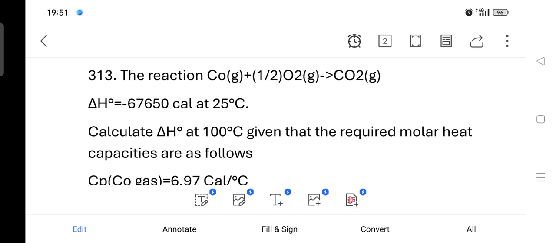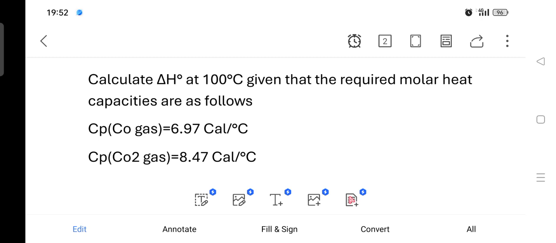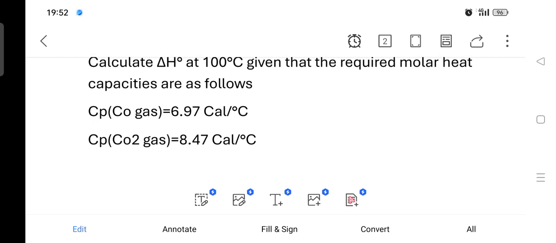The reaction CO gas plus 1 by 2 O2 gas gives CO2 gas. Delta H degree is equal to minus 67,650 cal at 25 degrees Celsius. Calculate delta H degree at 100 degrees Celsius given that the required molar heat capacities are as follows.